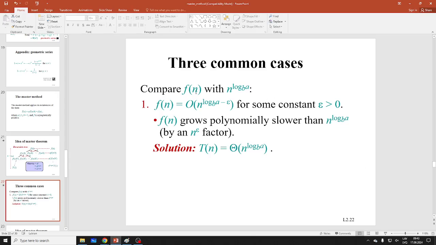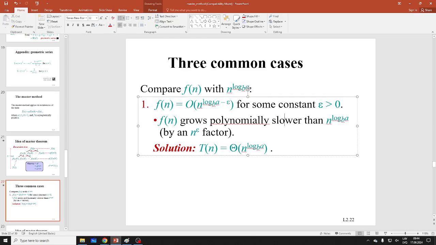But basically, you compare the function which does the work, x squared in our case, for some constant. Is it over n to the log base b of a minus epsilon? You find some epsilon constant. Epsilons are constants; epsilon is typically small, but in this case could be pretty large, but it has to be over 1.